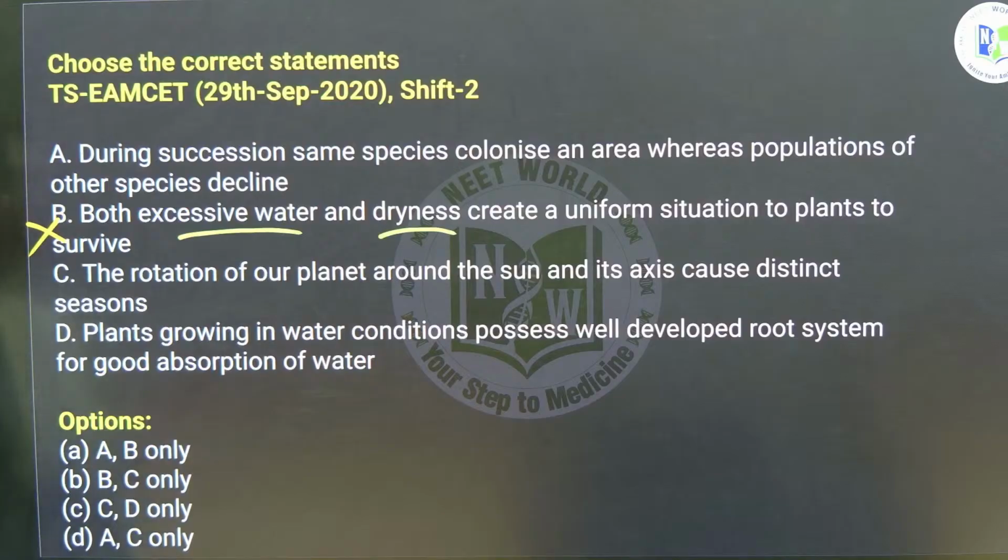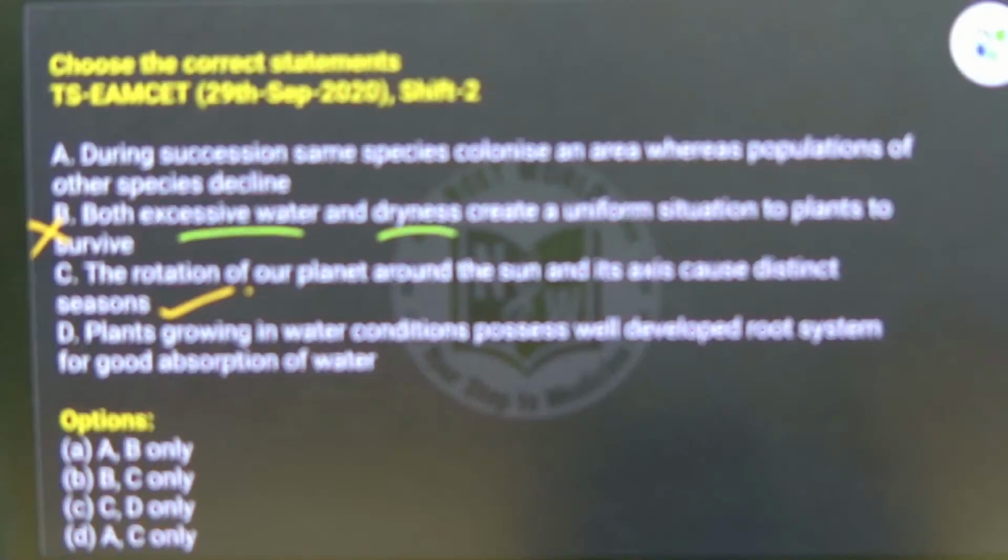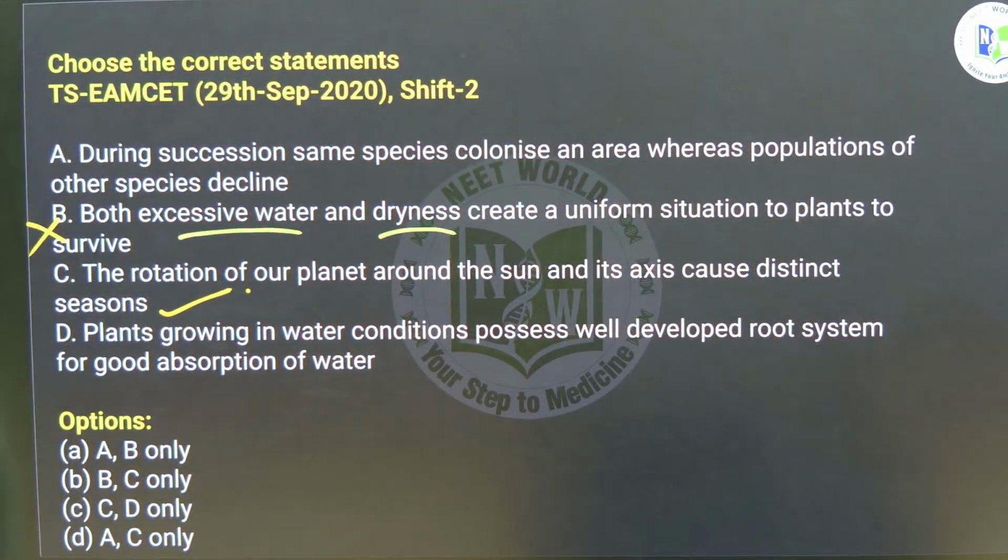The rotation of our planet around the axis, around the sun and its axis, cause distinct seasons, correct? Plants growing in water condition possess well developed root system for good absorption.